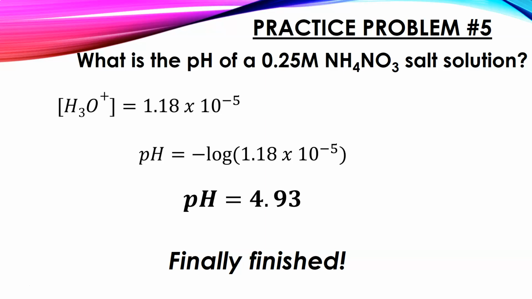That's why we needed the K value. Not all of it dissociates. Not all of it ends up causing that hydrolysis, right? And so you can see that while it's still acidic, it's not as acidic as if you just plugged in that 0.25, because that's the concentration of your ions. That's not your concentration of the hydrogen ions after the hydrolysis reaction.